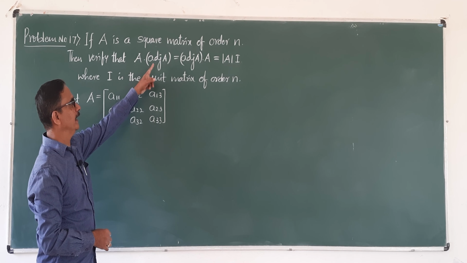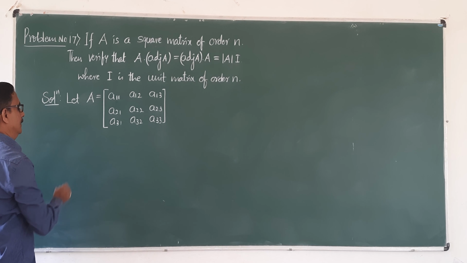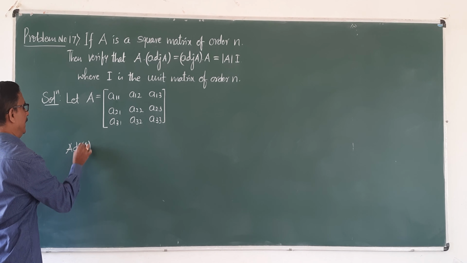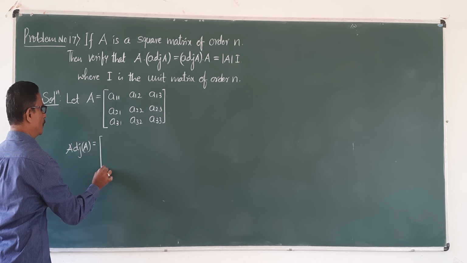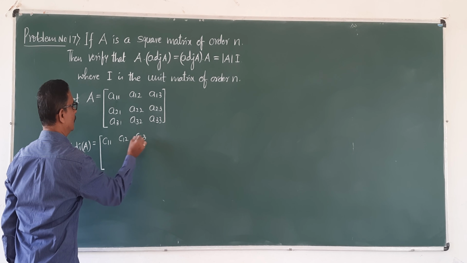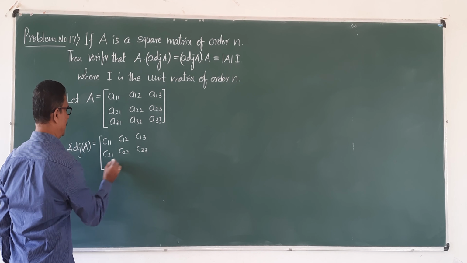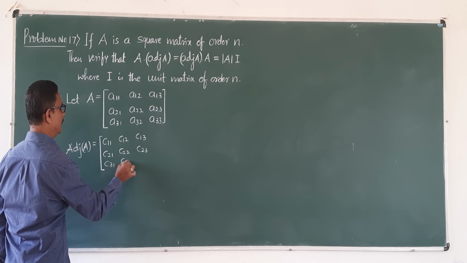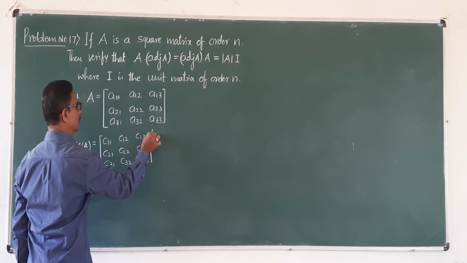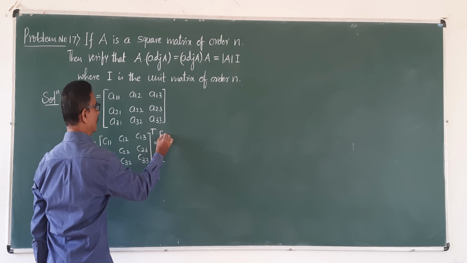Now to verify that A into adjoint of A is equal to determinant of A into I, first find adjoint of A. Again the definition of adjoint: transpose of the cofactors, say C11, C12, C13, C21, C22, C23, C31, C32, C33. Definition of transpose is interchanging the rows and columns.